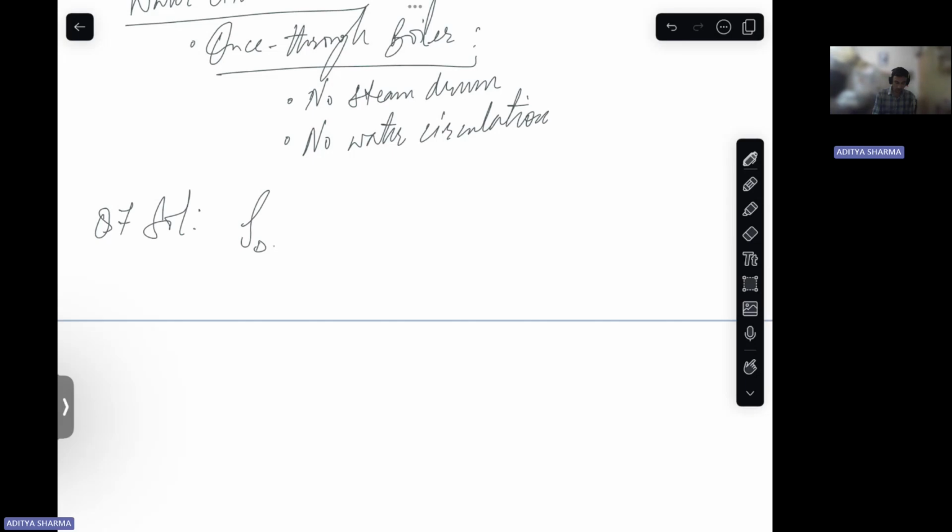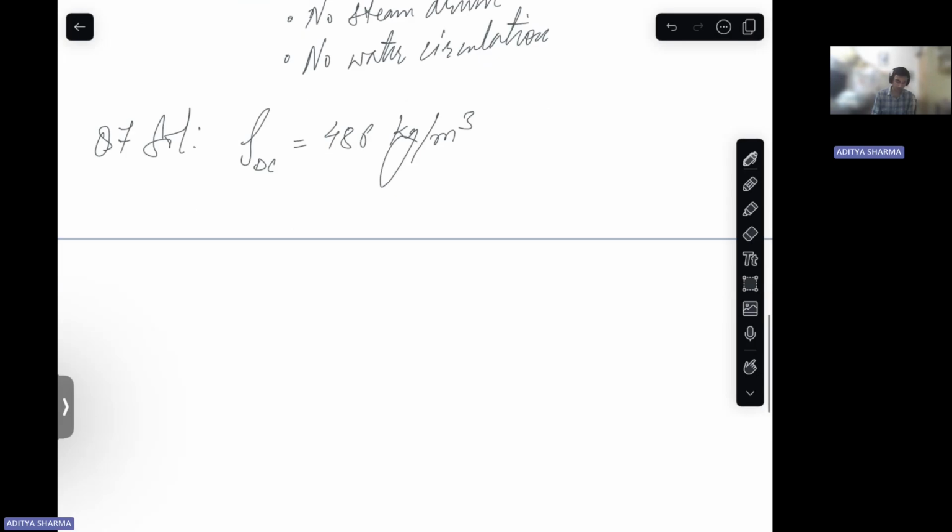Rho downcomer equals 486 kg per meter cube, right? Then rho FG, or you can write riser also, R, is 284 kg per meter cube.